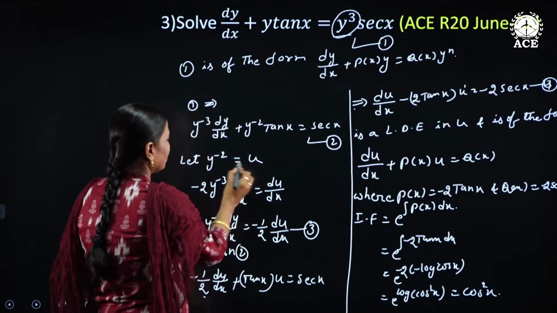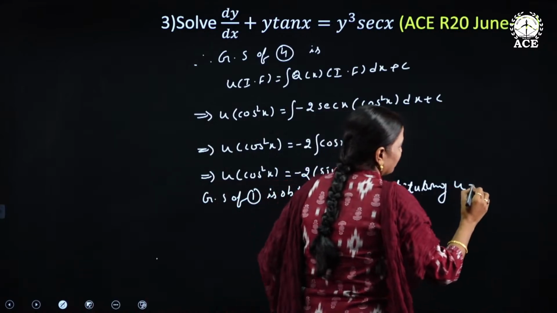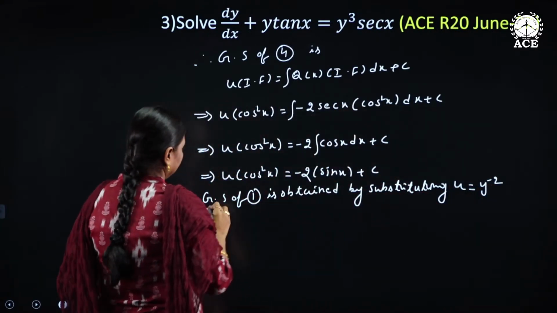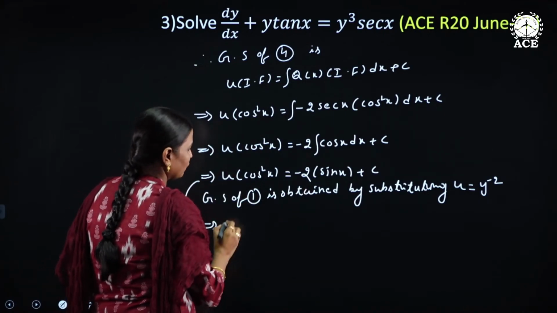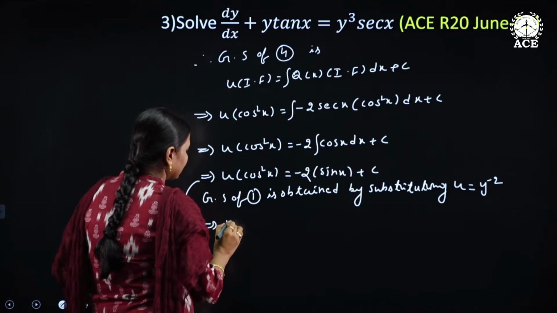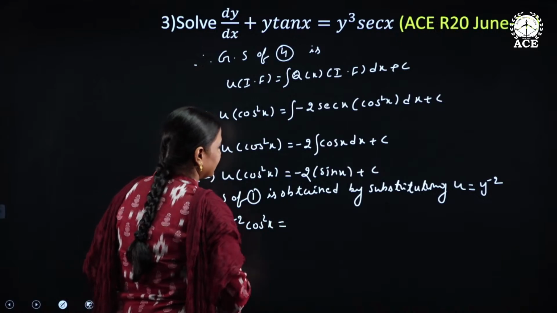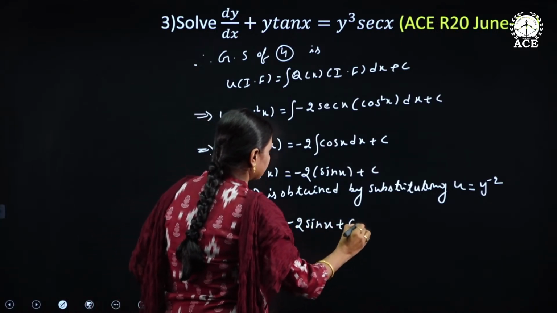That is u is equal to y power minus 2. So by substituting u is equal to y to the power minus 2, y power minus 2 into cos square x is equal to minus 2 into sin x plus c.